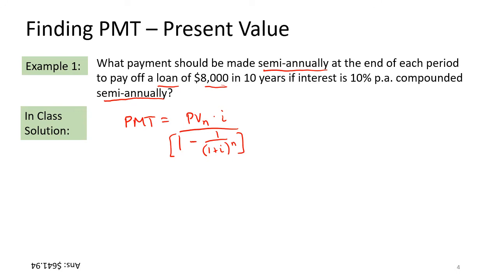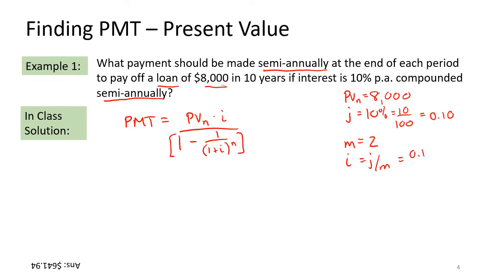So our variables, again, our present value was given in the question, $8,000 for our loan. Our nominal interest rate, j, is 10%, which is 10 divided by 100, removing the percentage sign, or 0.10. Our number of compounding periods, it's semi-annual in this case, so m is 2. So our periodic interest rate, i, is j divided by m, or 0.10 divided by 2, which gives you 0.05.